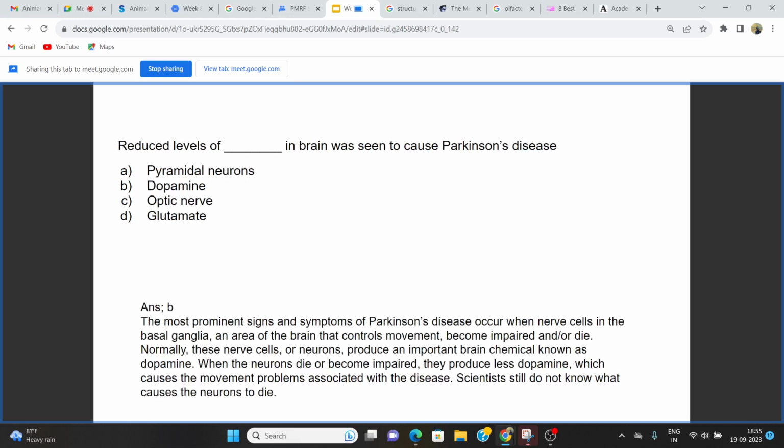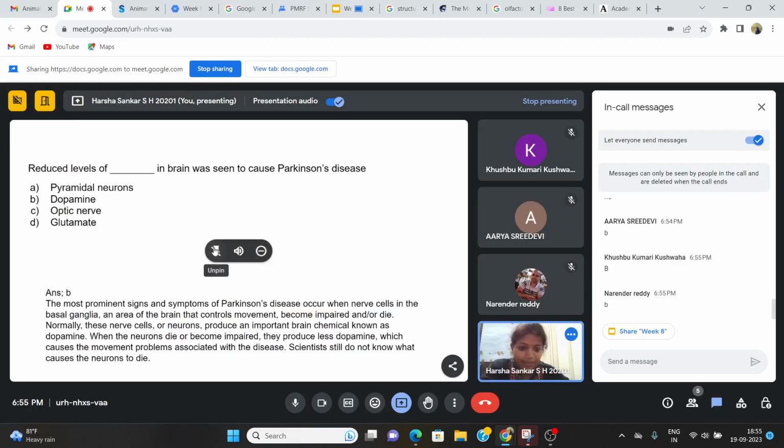Okay. I will ask one extra question since we are discussing these things. What is the therapy available for treating this particular disease, since you said dopamine is the major neurotransmitter? L-DOPA therapy. Yeah. What does this therapy do? It provides L-DOPA to the patient.